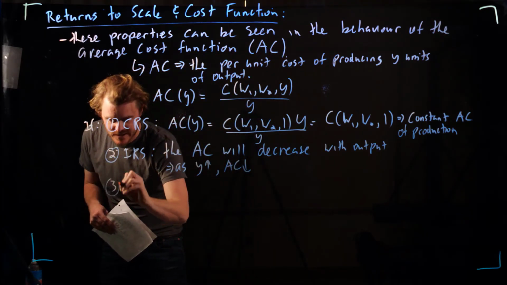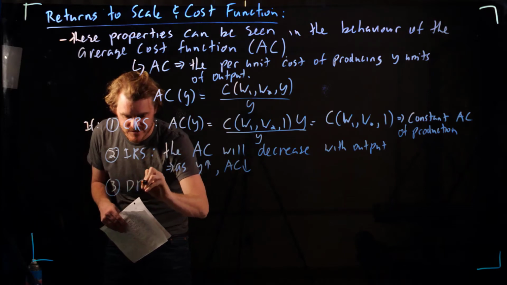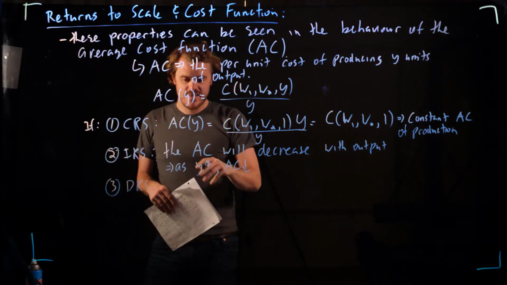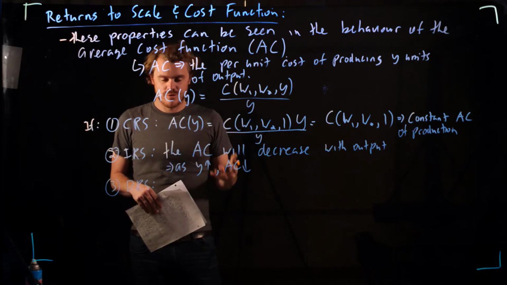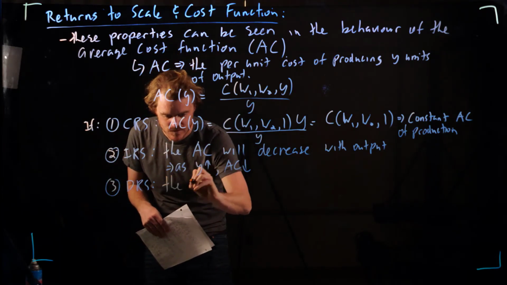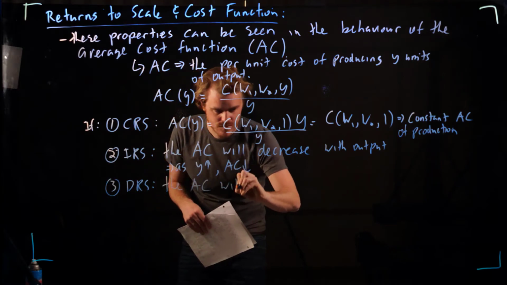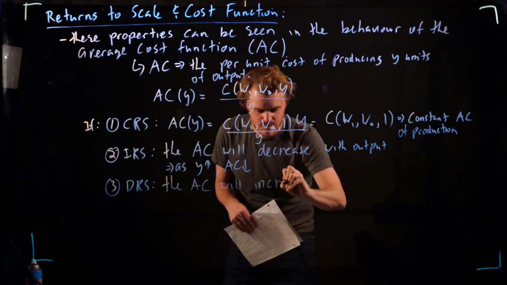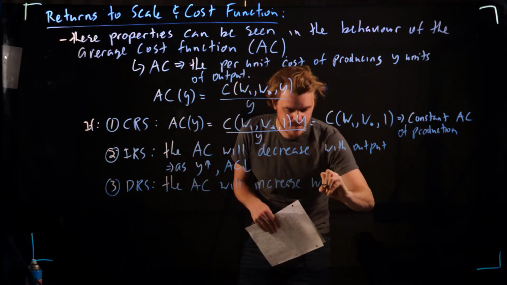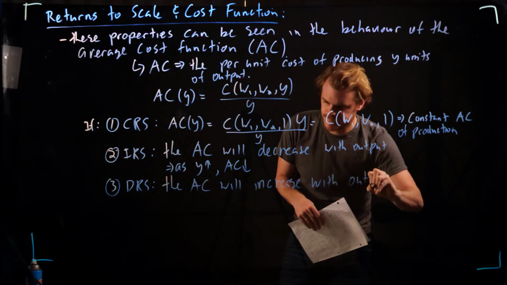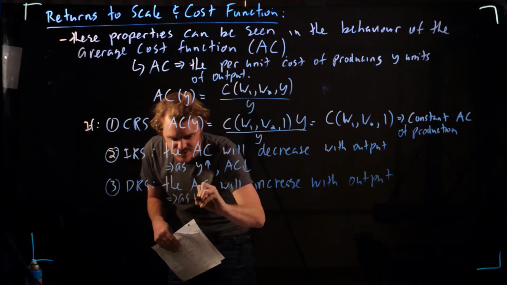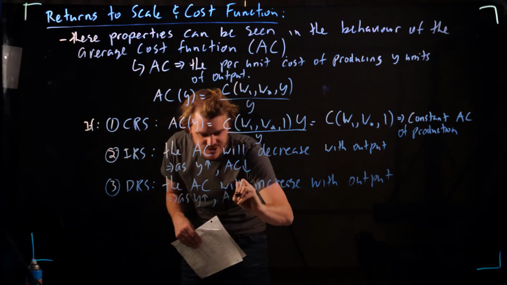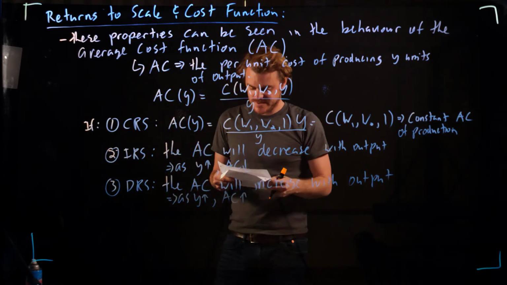And finally, we have decreasing returns to scale. The average cost is going to be increasing as we produce more. So, as Y increases, average cost will increase.